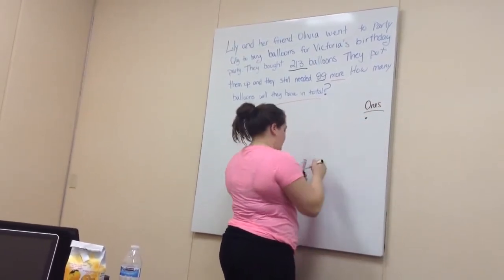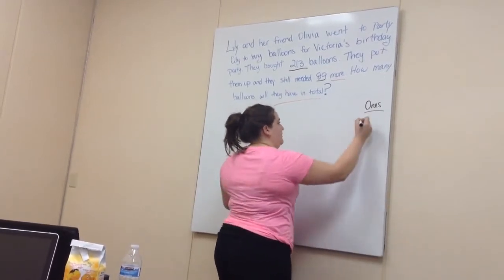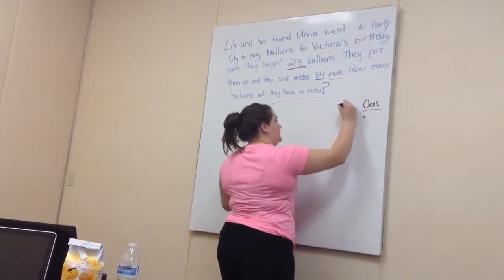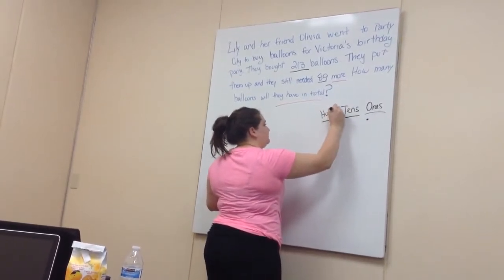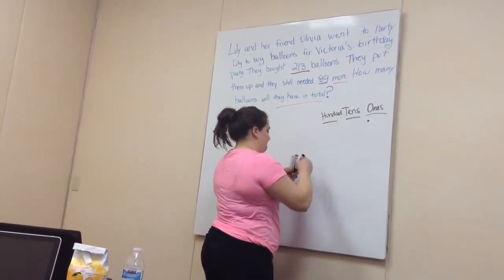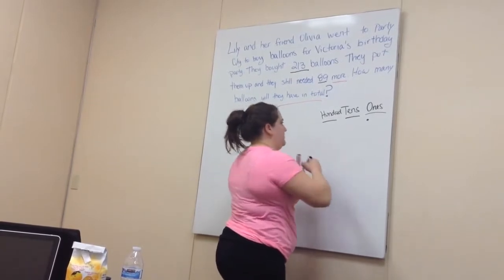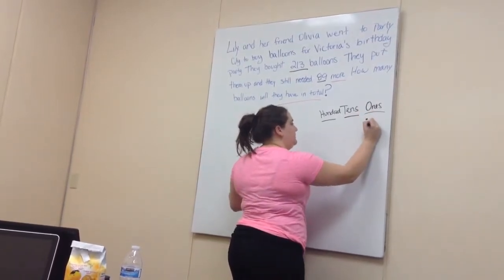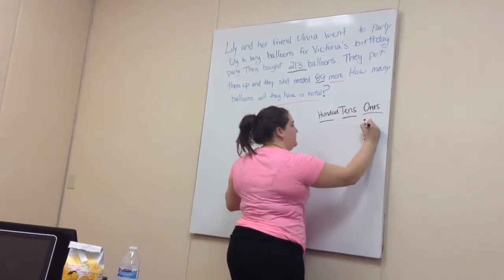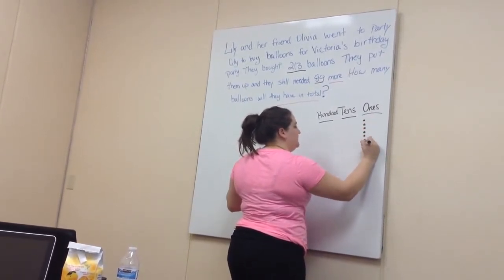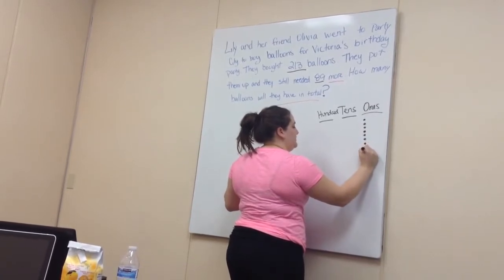So now you're going to have tens place and the hundreds place. So we're going to make, you're going to have 10, 1, 2, 3, 4, 5, 6, 7, 8, 9, 10.